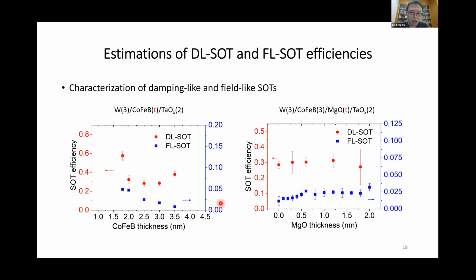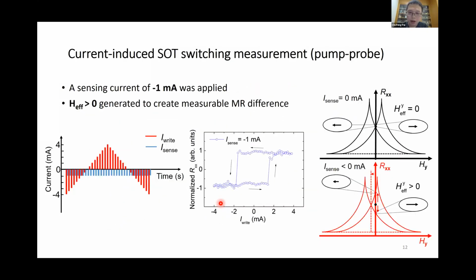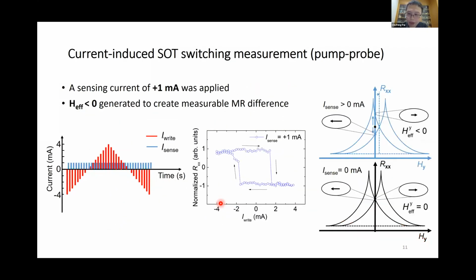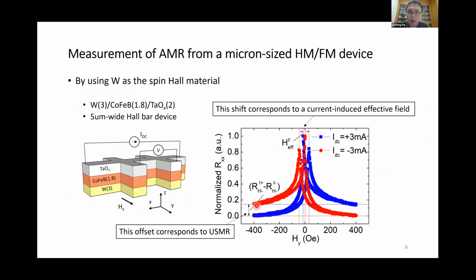And to answer your question, I believe that your question is about our data over here. So for AMR measurements, we do see some sort of hysteresis over here. But like you mentioned, this is definitely not a single domain switching.